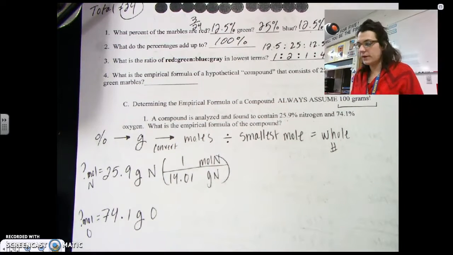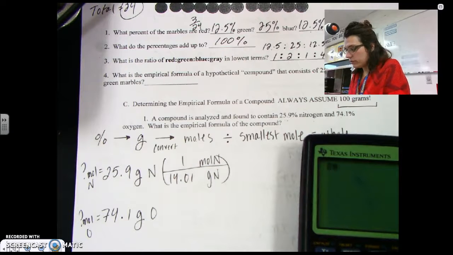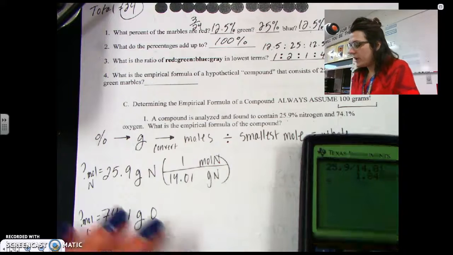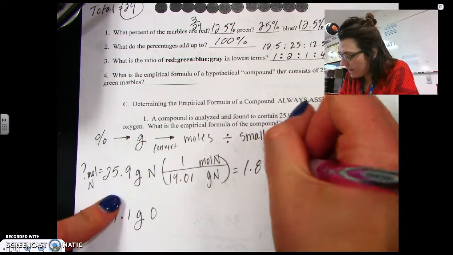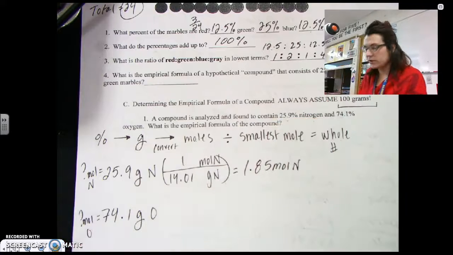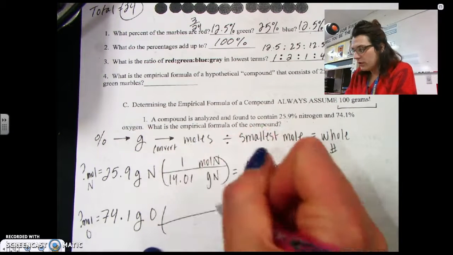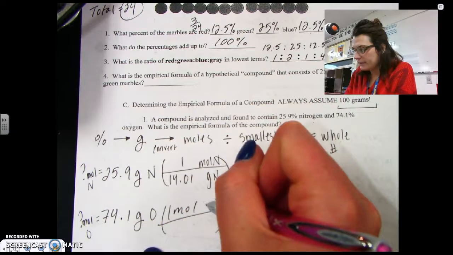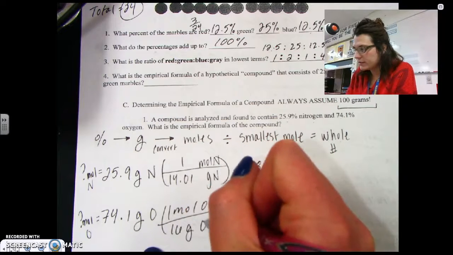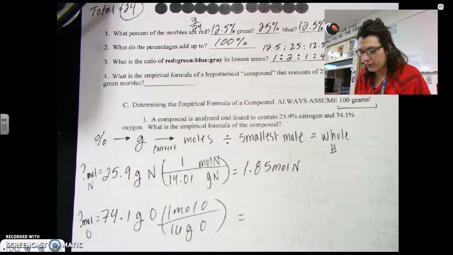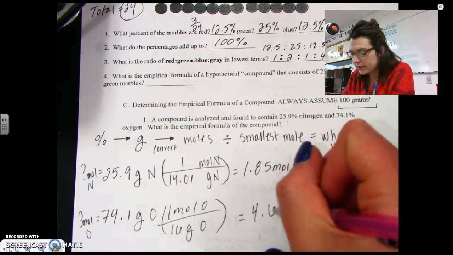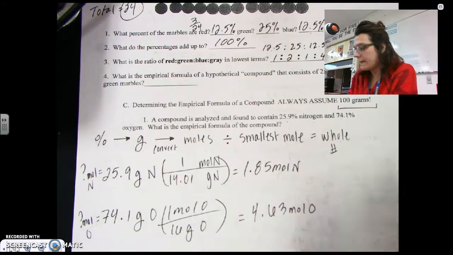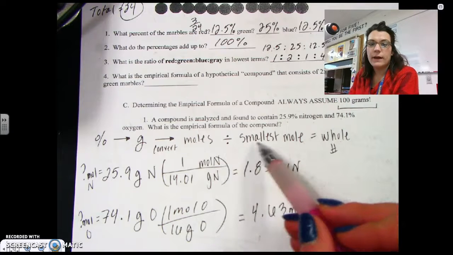So I'm going to do 25.9 times 1, which is itself, divided by 14.01, and I get 1.85 moles of nitrogen. I'm going to do the same thing with oxygen. 1 mole of oxygen on the top, 16 grams of oxygen on the bottom. So I'm doing 74.1 divided by 16, and I get 4.63 moles of oxygen.